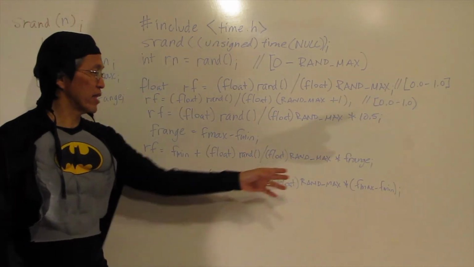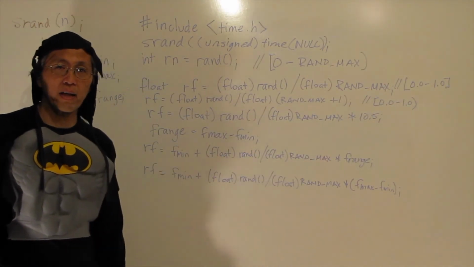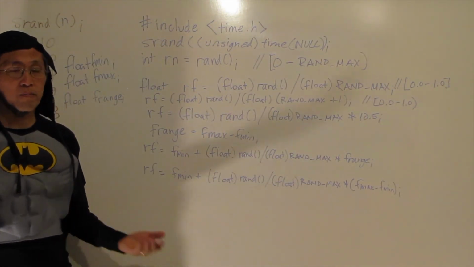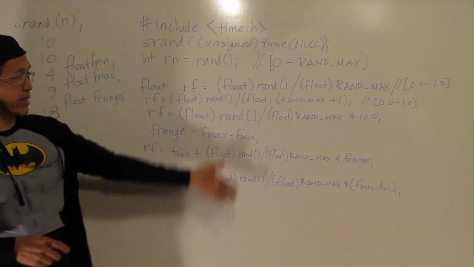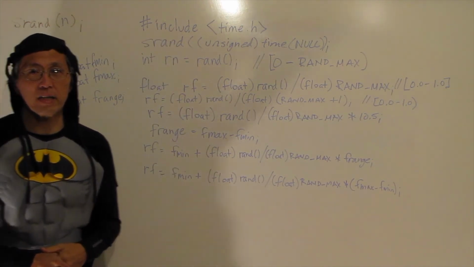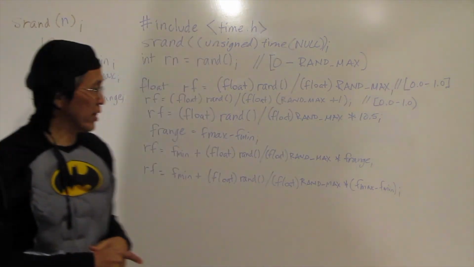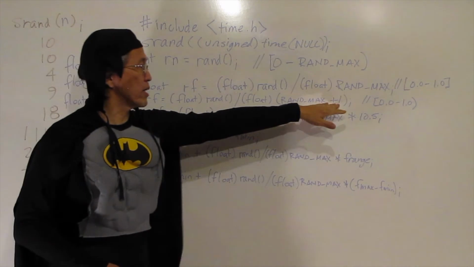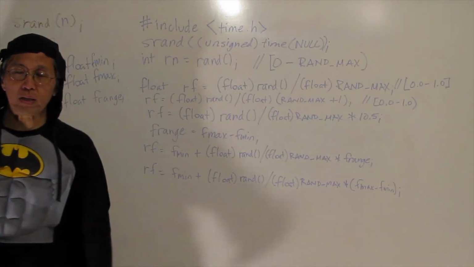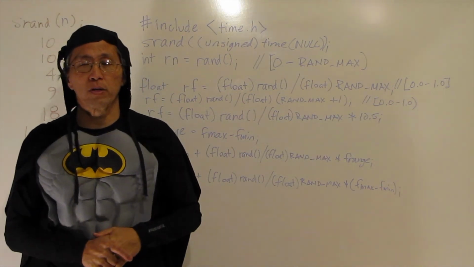So this is exactly the same as this one, except I just want to be more generalized and do the f max minus f min in the formula. So here are some nice equations for you to look at in terms of determining floating point random numbers. And remember that this rand plus 1 or the rand max in the division, those are what determine whether it's inclusive or exclusive of the maximum number you're looking for.